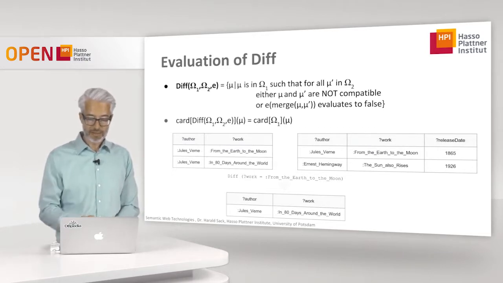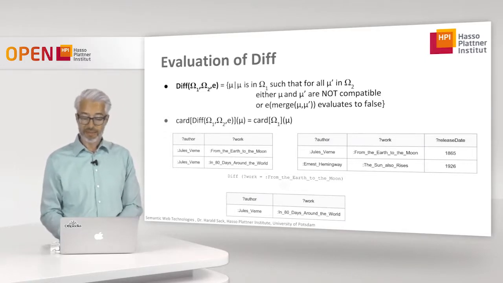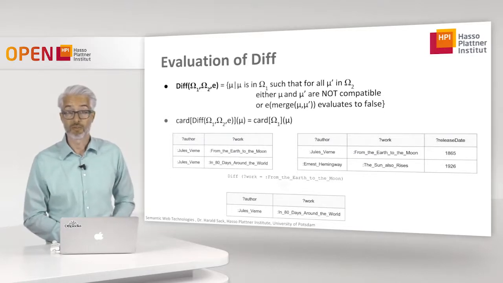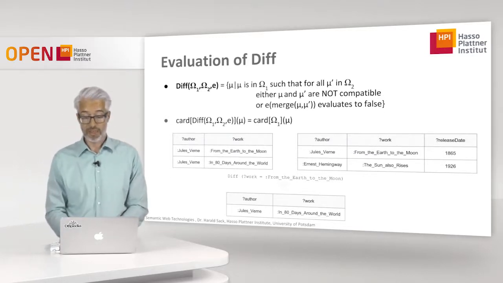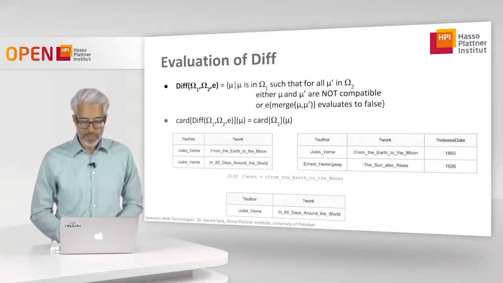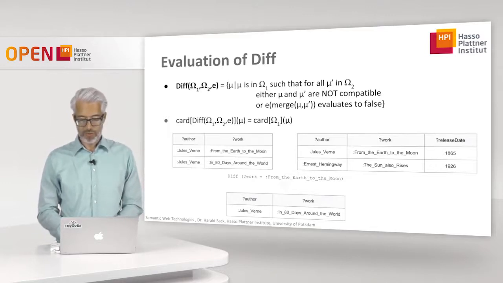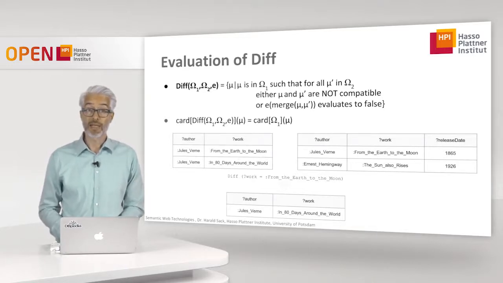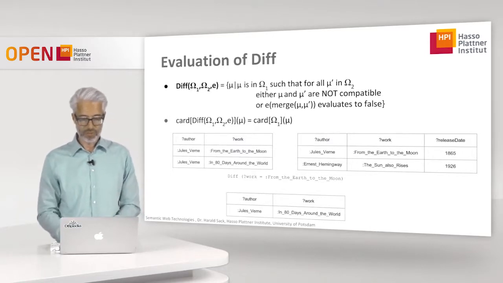This will definitely be extracted from the first table. Here we also see the second mapping in the second table, Ernest Hemingway and The Sun Also Rises, which does not occur in the first table. So this does not affect the solution of the first table. Only the first one, From the Earth to the Moon, affects the solution insofar as it is subtracted from the first mapping we have here.